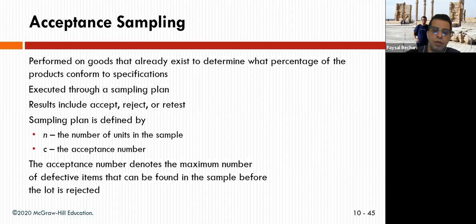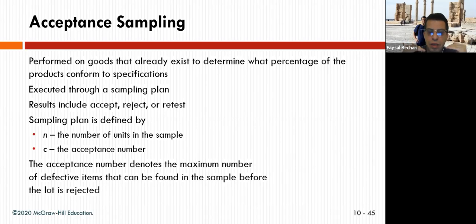If I pick 100 of them, start testing them, and find only 5 defective, this could be the benchmark for me. Anything more than that, I will reject the whole lot of 10,000, because something needs to be retested and brought to 5 or less.